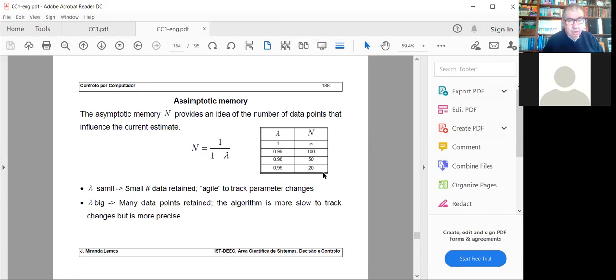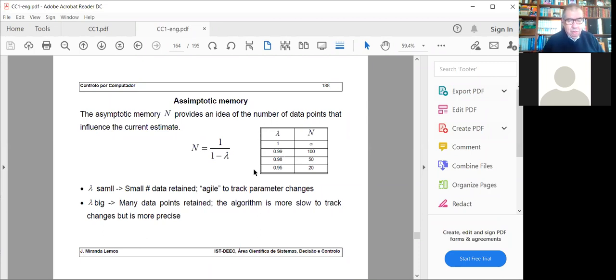And you see, you can build this table. Now, the funny thing is that a small lambda is something quite close to 1. So you should be careful, because the change is not linear. Say lambda equal to 0.1 is virtually forgetting everything. If you put here 0.1, that's 1 divided by 0.9, that's almost 1.